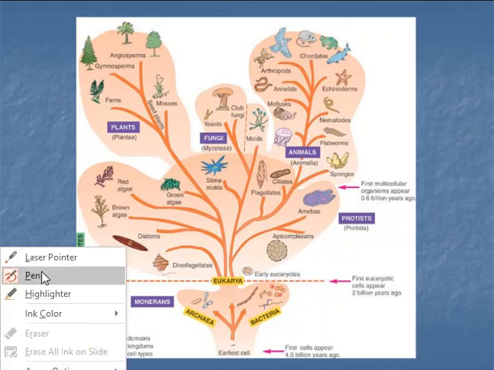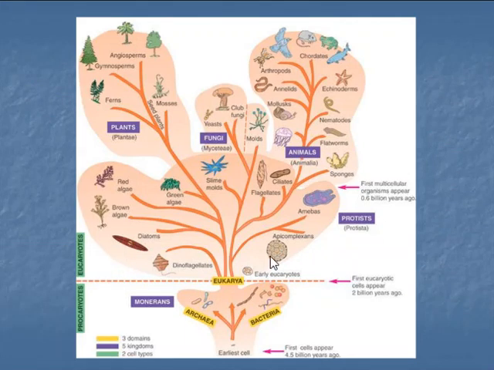All right, so this is a diagram that kind of shows these subdivisions, and so we've got a line here. Everything here on the bottom is our prokaryotes. And so this is going to be made up of these different types of bacteria. These are also Monaria, another word for bacteria.